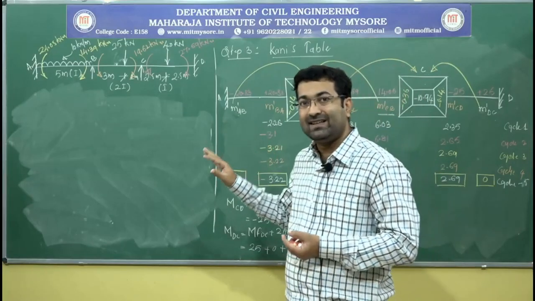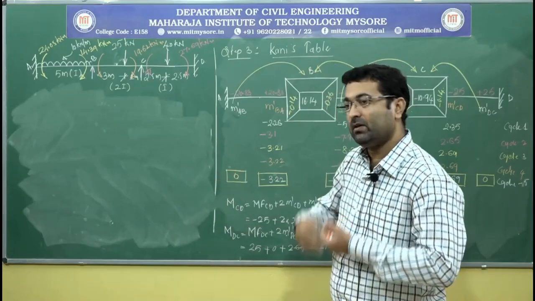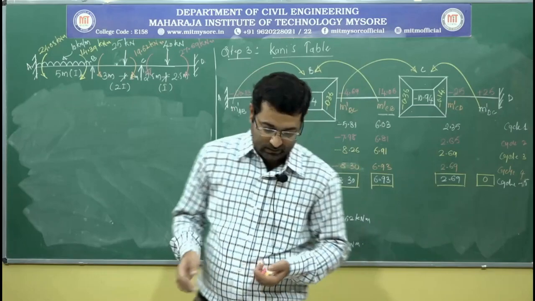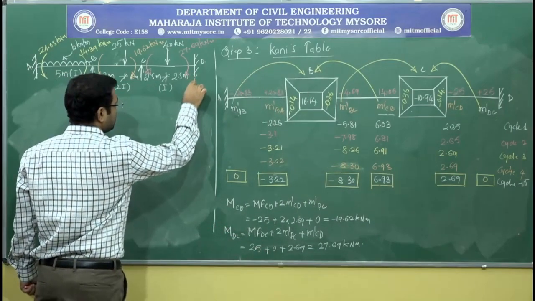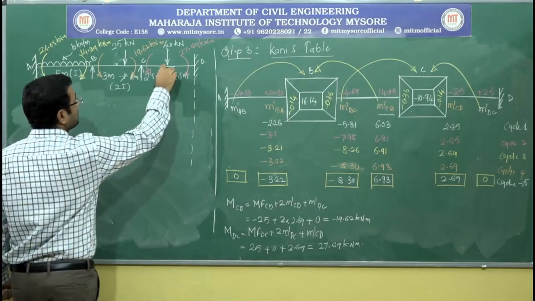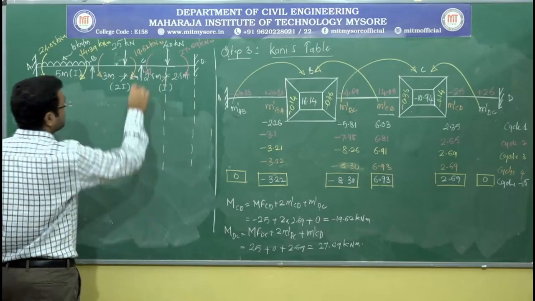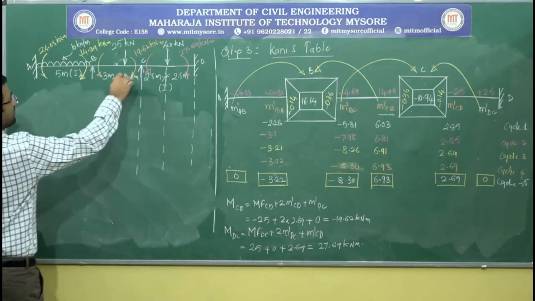That part is not asked in this particular problem, but in the next problem it will be there. So what I will do, I will straight away draw the bending moment diagram. I will just extend the projection lines so that it is easy for us to draw the bending moment diagrams.